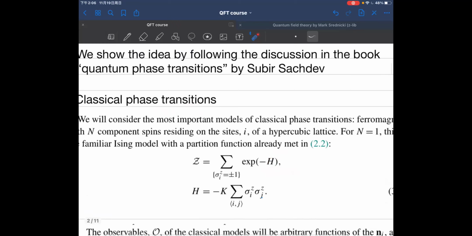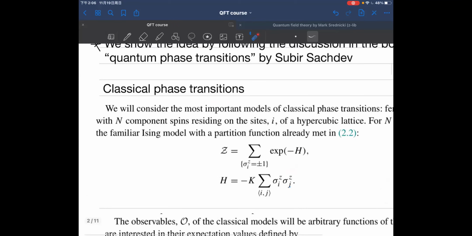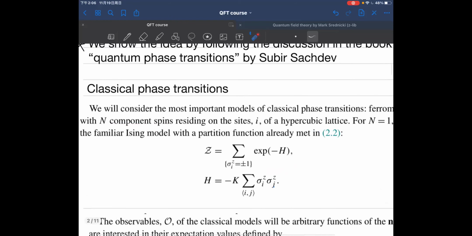For example, when we consider n-component spins, classically we just regard each as a vector with n components. Quantum mechanically, it should be some operator.